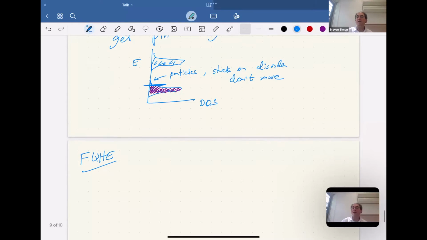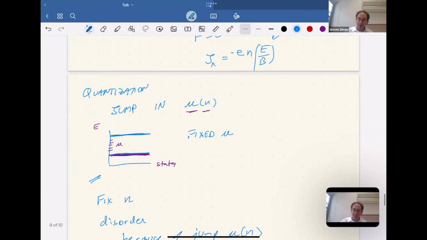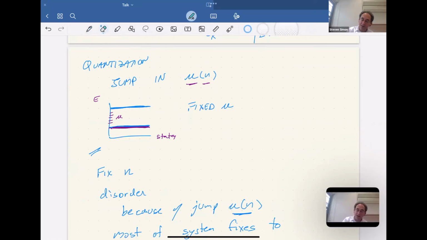There was a question here. It says, isn't the first case where density is fixed? So, sorry, you're right. Up here, this is where you control the chemical potential, and then N jumps.